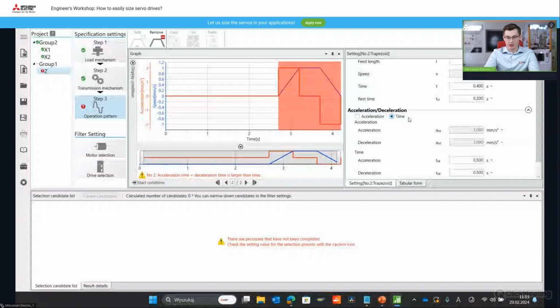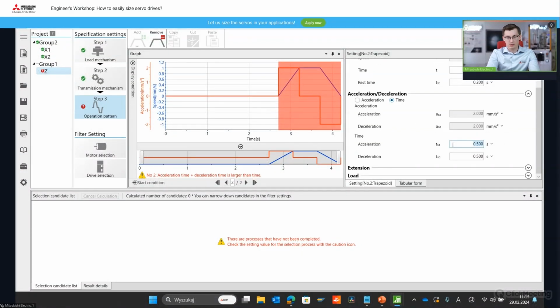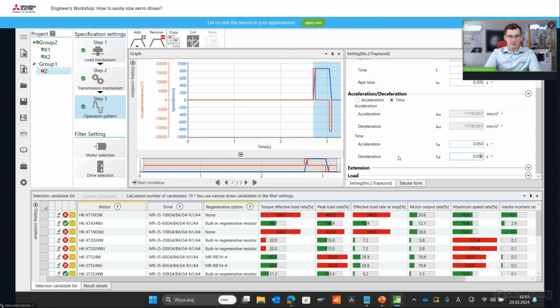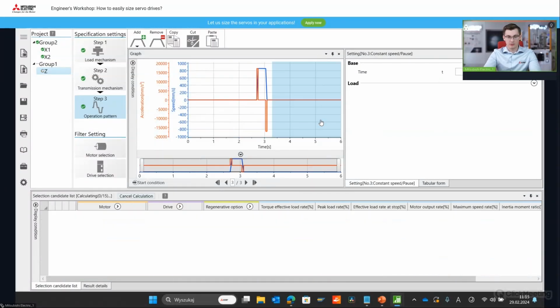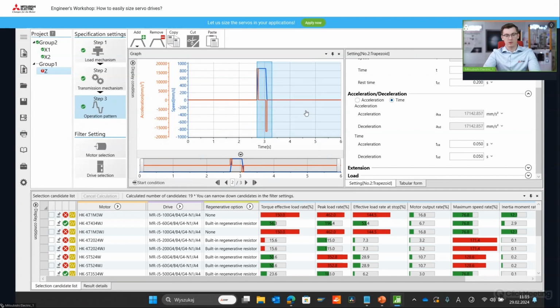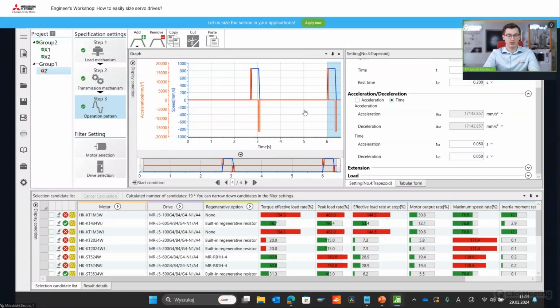Change the time for the acceleration, the same as before. Okay, and we have our axis. And once more, I will copy the parameters because it will be like that. So this is the full duty cycle.